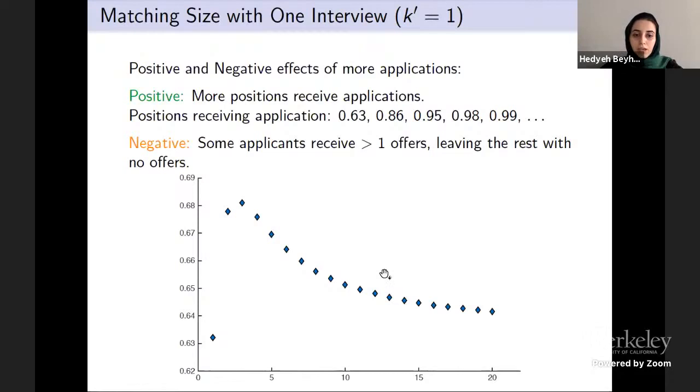Okay. So we completely understand what happens when the number of interviews is 1 and all the applicants are applying to the same number of positions. But is there any hope of achieving this larger matching if we allow applicants to apply to a different number of positions?